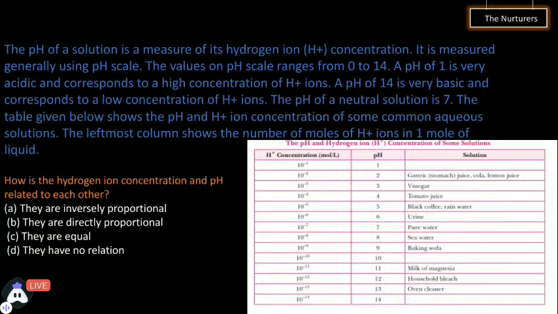The leftmost column shows the number of moles, as you can see in the table. Next is the pH, and the third has some examples of the solutions. Now, as we have gone through this passage, it tells us about the pH scale.